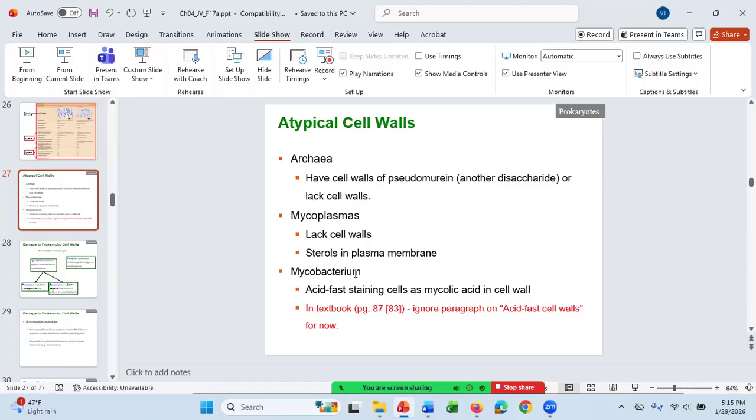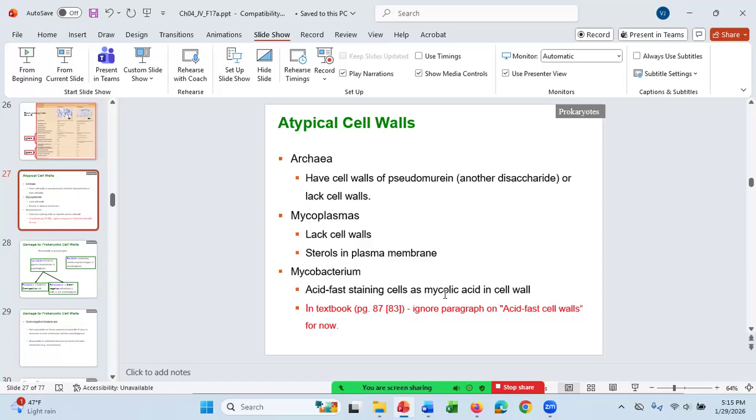All right, the other family of bacteria which is different is the Mycobacterium. They have acid fast staining properties because they have a lot of mycolic acid in their cell wall. This mycolic acid makes it difficult for water-soluble molecules to get inside the cell, because water-soluble molecules don't go through the mycolic acid.